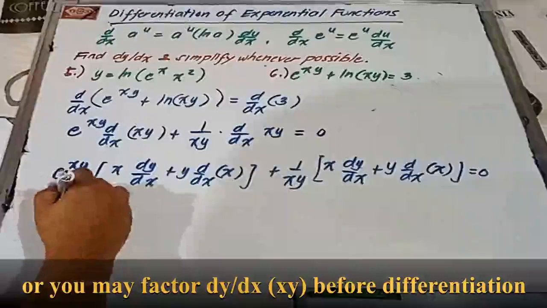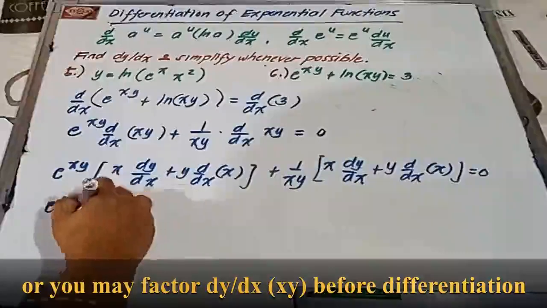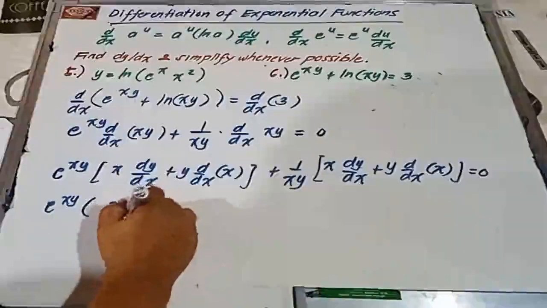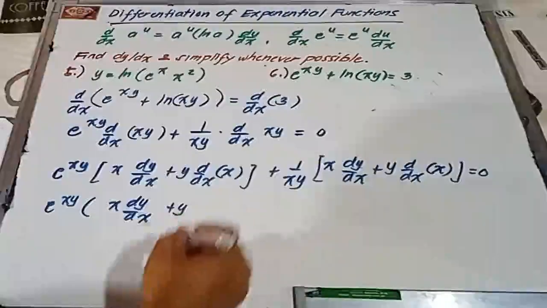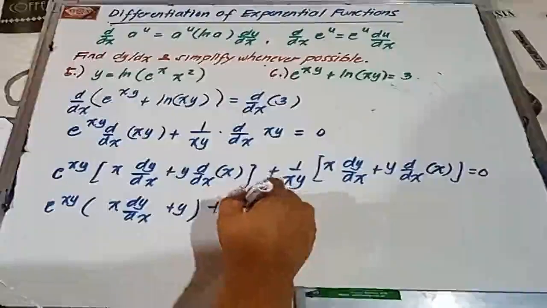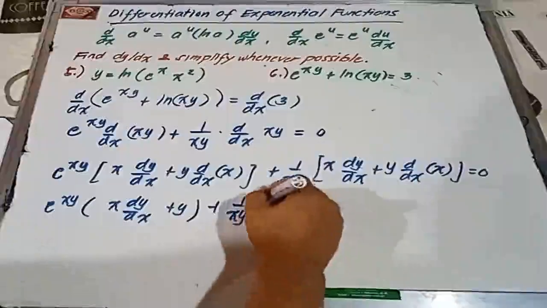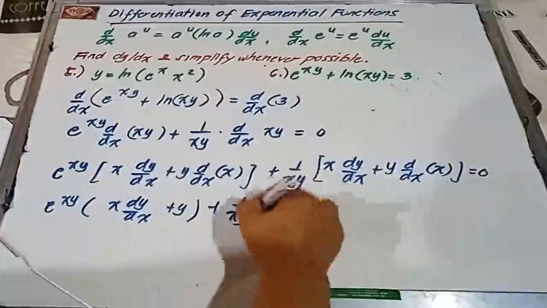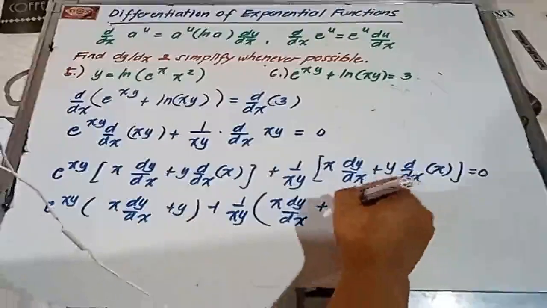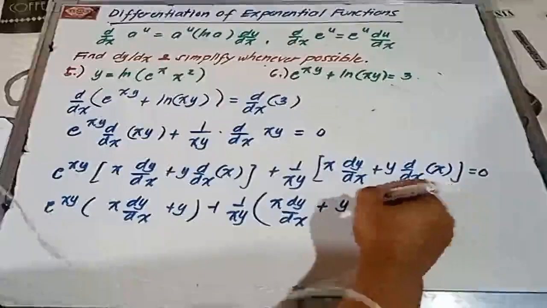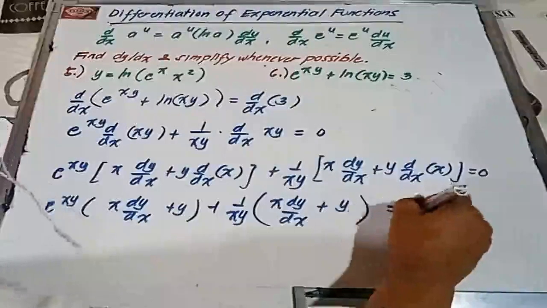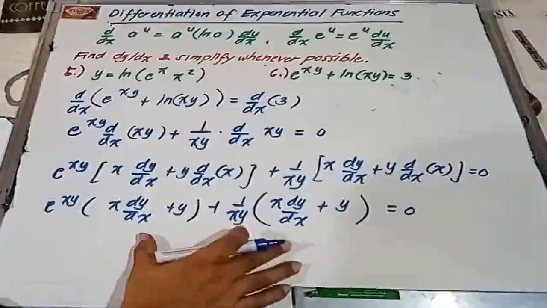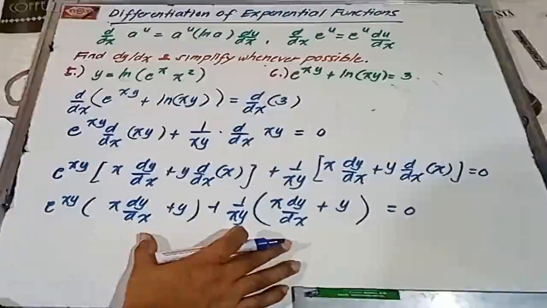So we have e to the xy, that is x dy over dx plus y. Okay? Plus 1 over xy, we have x dy over dx plus y. Equal to 0. So, i-factor natin actually common ito.